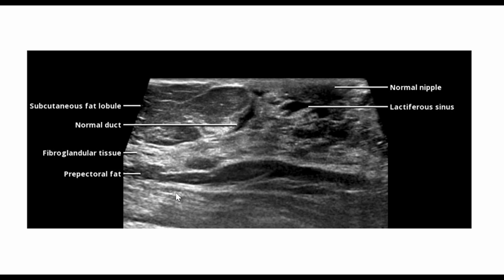So this ultrasound image is representing different normal anatomic structures. This hypoechoic region is the lactiferous sinus. This is the normal nipple, and these are the normal ducts, which appear hypoechoic.